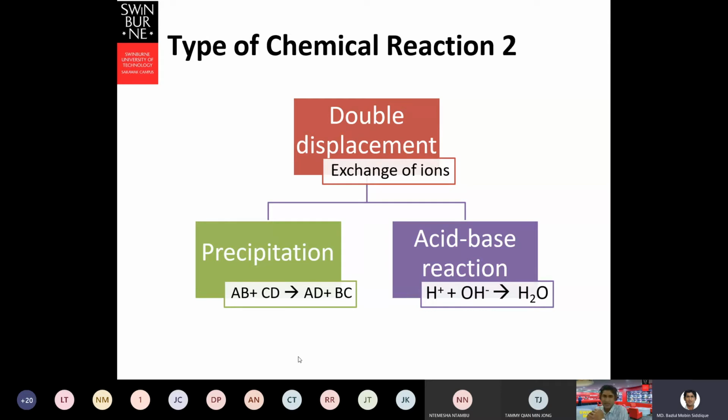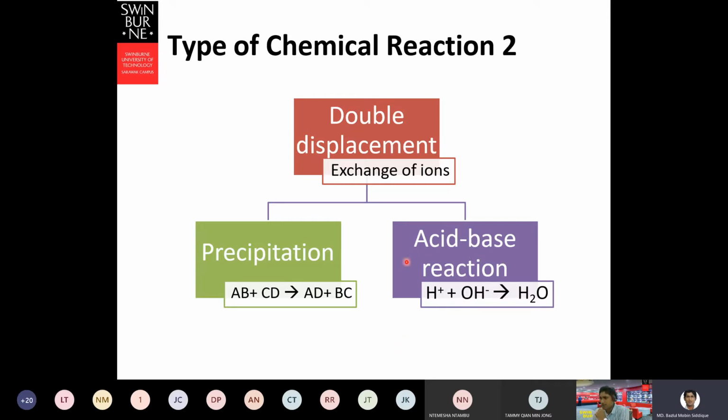So the first thing is we must be able to write the reaction, and there are 2 ways to write the reaction. One is the molecular equation, and another one is the ionic equation.